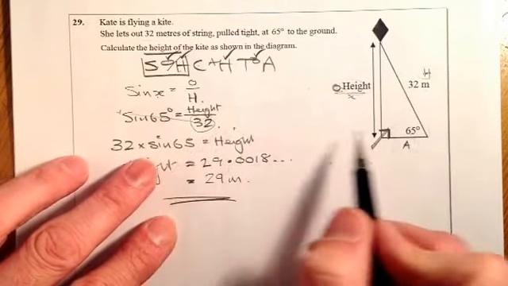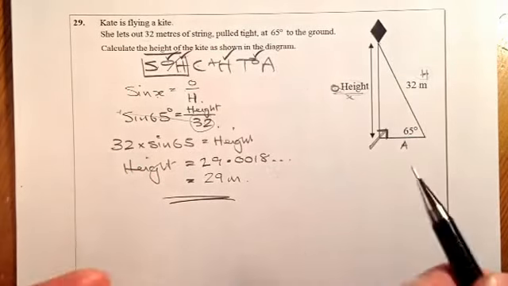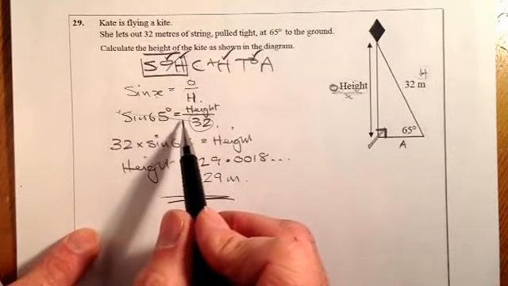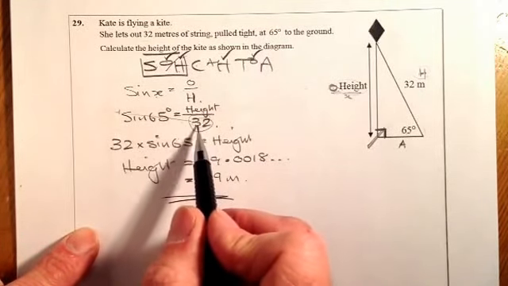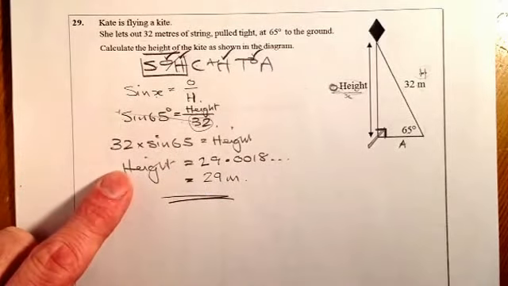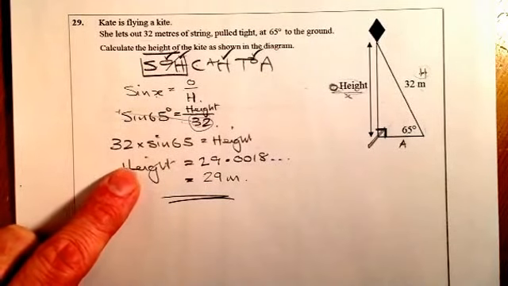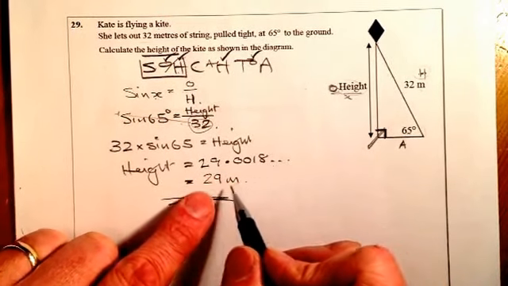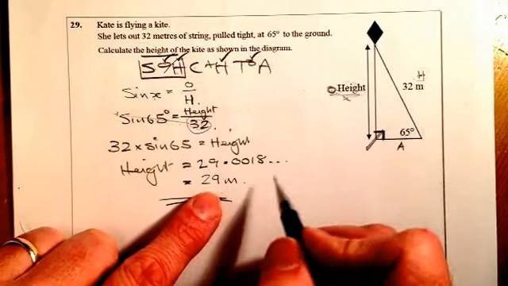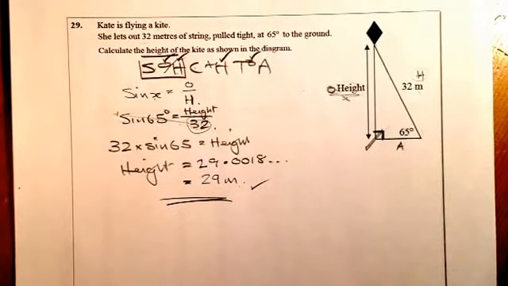And what I've got is 32 for the hypotenuse. Fire it into the trig ratio. Work it through, so getting rid of this here, 32 sine 65, and what that does is it gives me a final answer of 29.0018. Rounded to the nearest metre, it's going to be 29 metres.